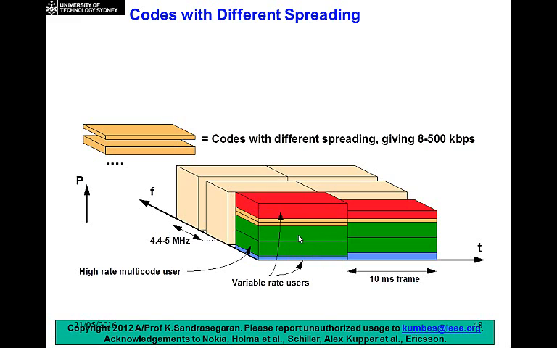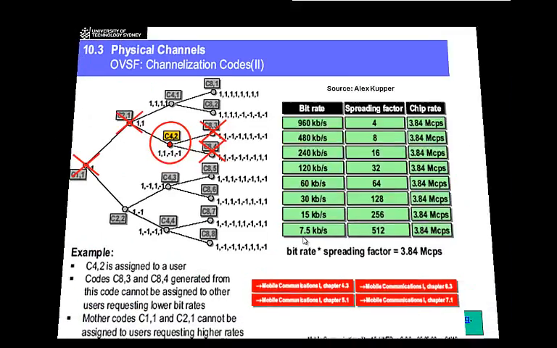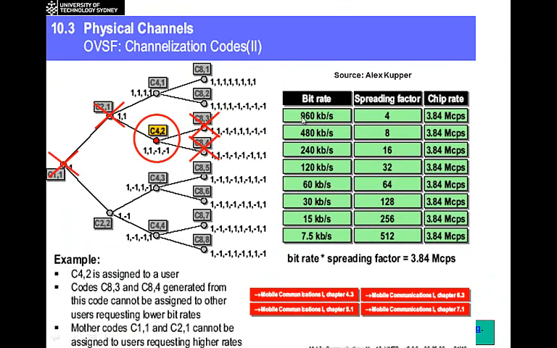Now we see that there's also a relationship between transmit power and data rate, and this comes from the previous slide. When you're transmitting data at a high data rate and you're using a lower spreading factor code, you have to transmit at a higher transmit power.